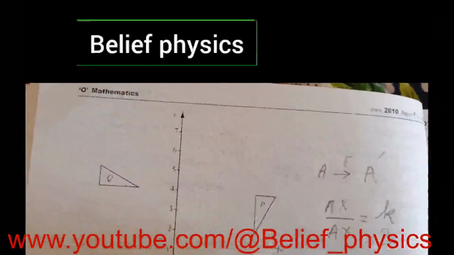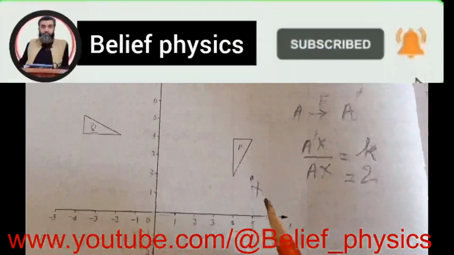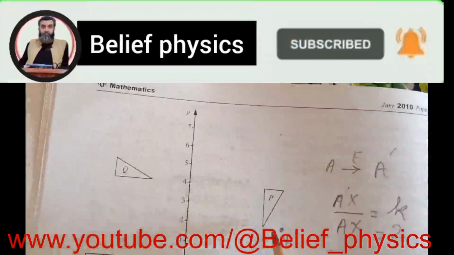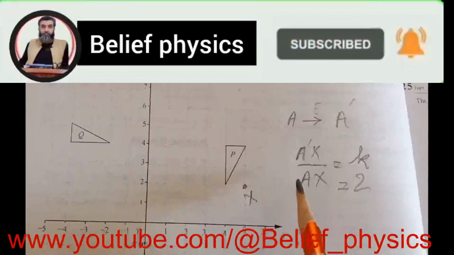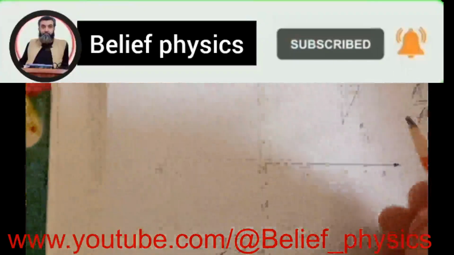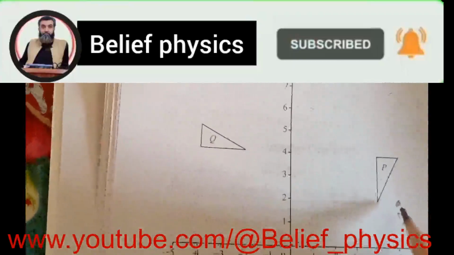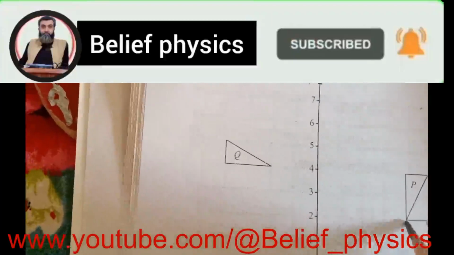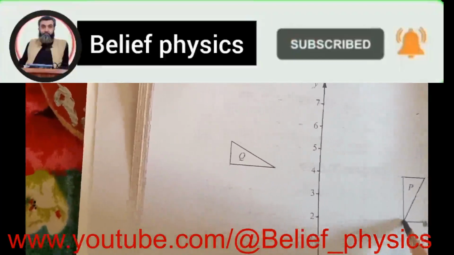Now I will mark each perpendicular distance from X to each point of this, and then double that distance to mark the image. Look here. This is X. This is the object.